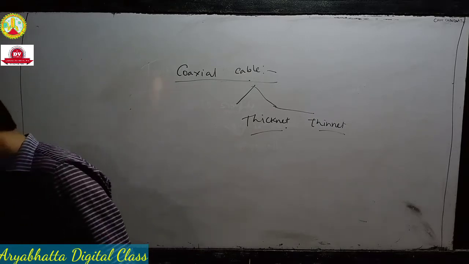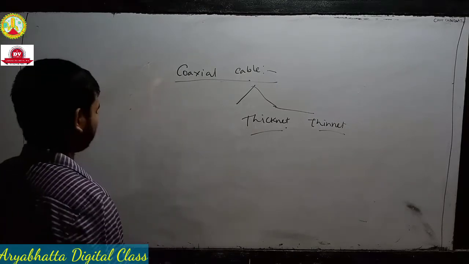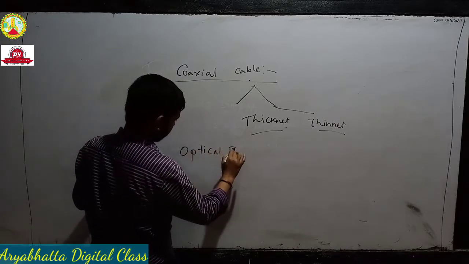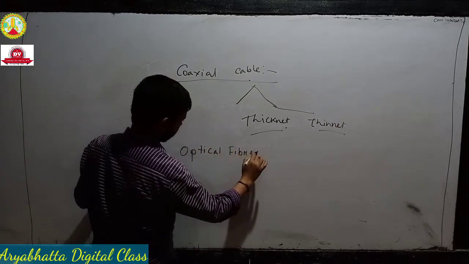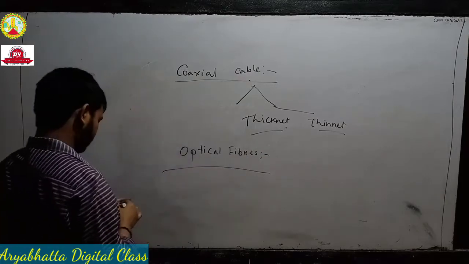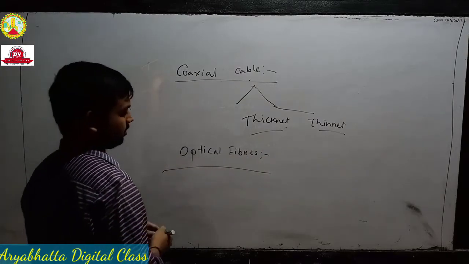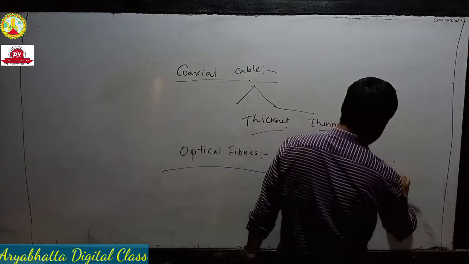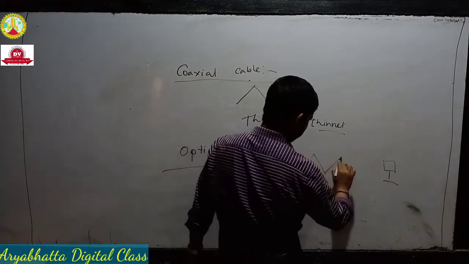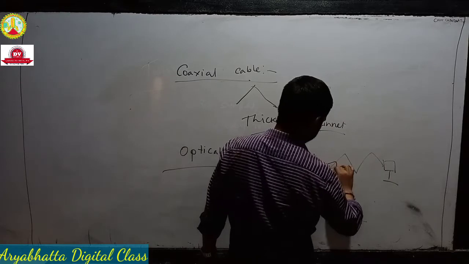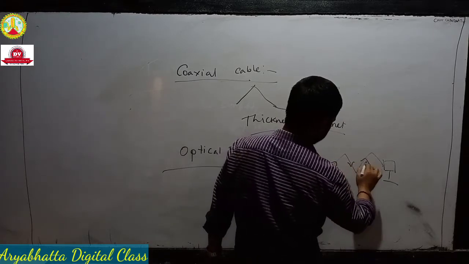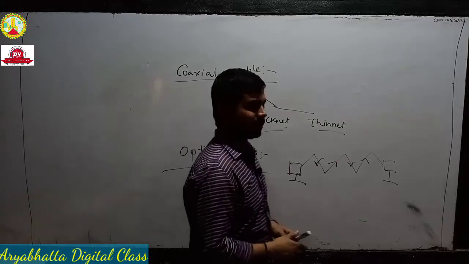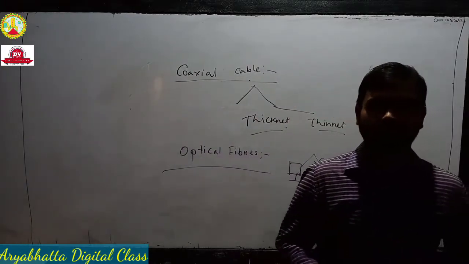And next is optical fiber. Optical fiber means the signal goes from sender to receiver using the speed of light. That's why in optical fiber the data transmission rate is very high.